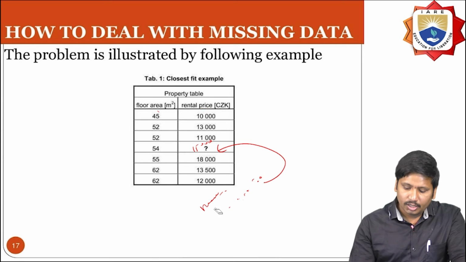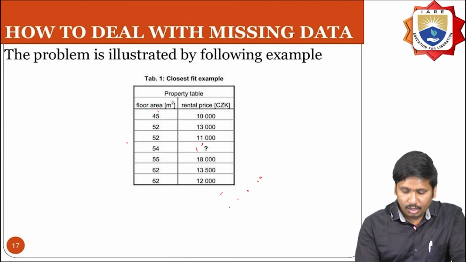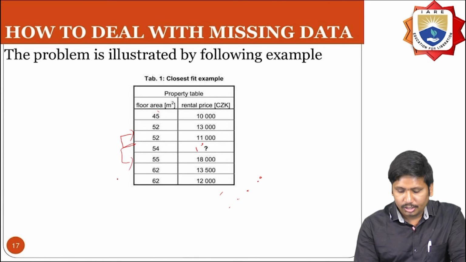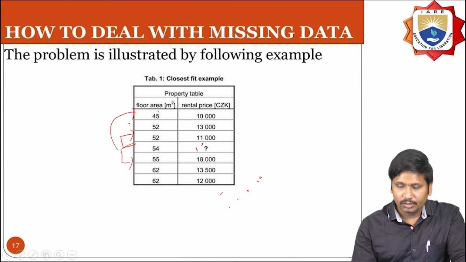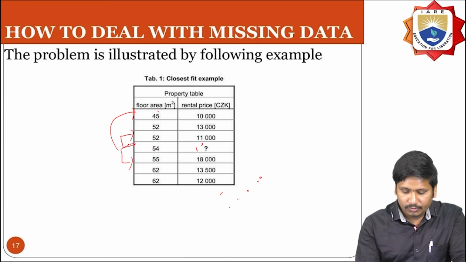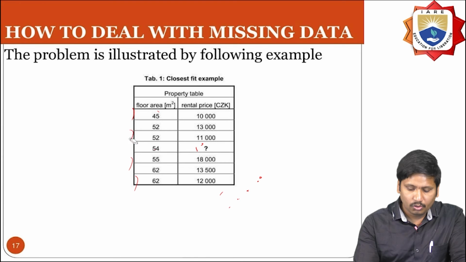Right? So what is the other way? Suppose 54 and 55. This one is related to 54 and this one is related to 55. Since 54 does not have that much difference from 45, and 54 has a large difference from 62, what is the closest one?